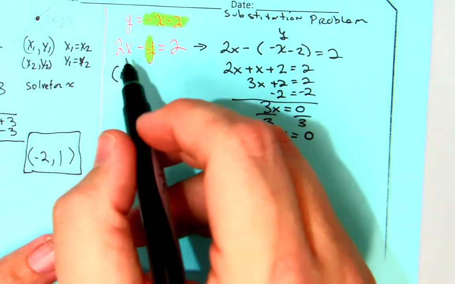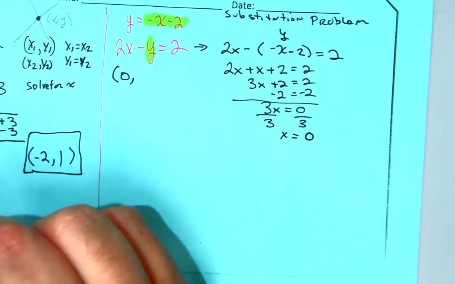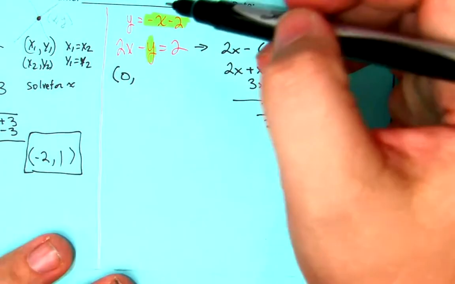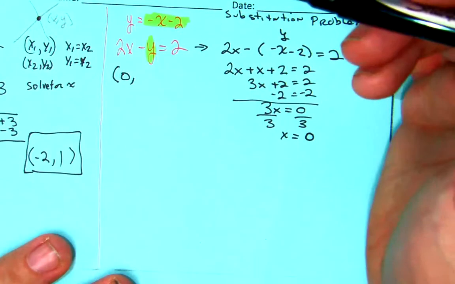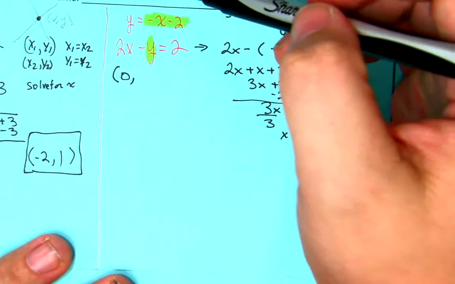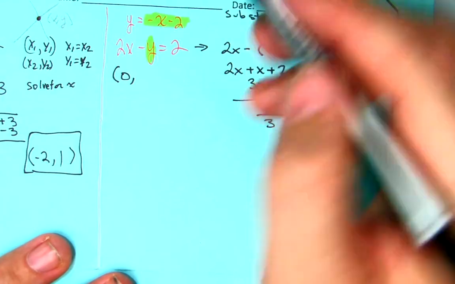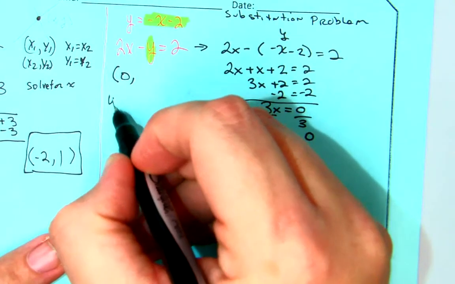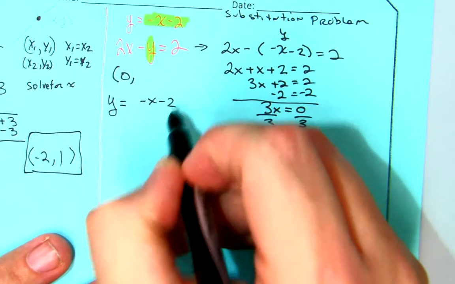So now I know my x is 0. I know x is going to be 0 in this equation, x is going to be 0 in this equation. Which equation is the easiest one to use, the first one or the second one? The first one, because I have y isolated by itself. That's negative x minus 2.